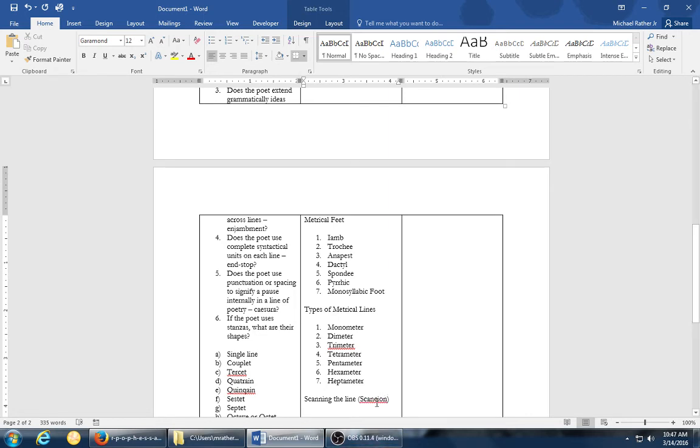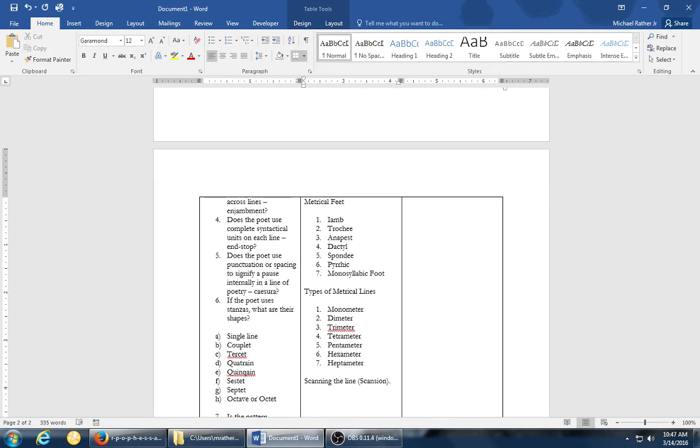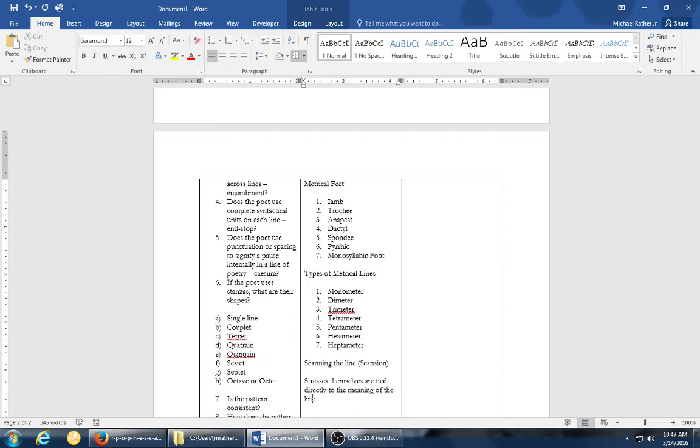We use that idea to help us see where the stresses are. And in many poems, the stresses themselves are tied directly to the meaning of the line.